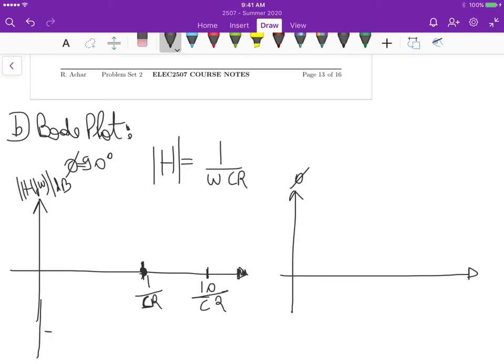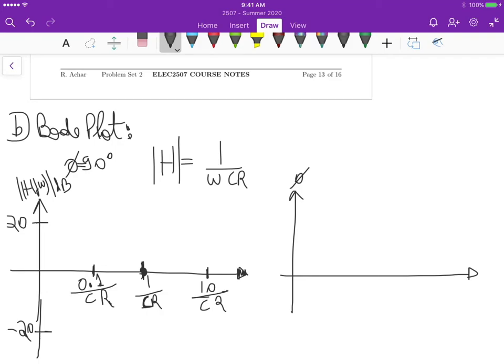And one decade earlier, at 0.1 over CR, you would have 20 dB.